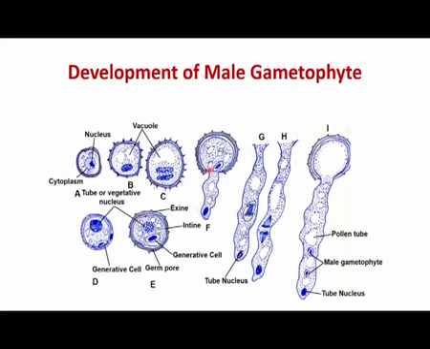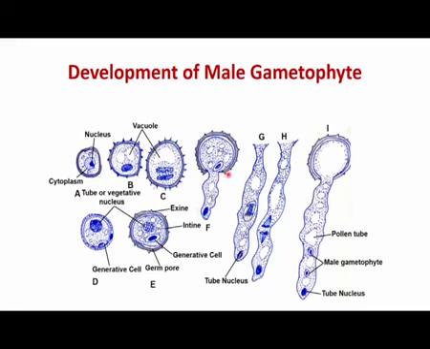The wall of this pollen tube is an extension of the intine. If you remember, the microspore has two walls, one called exine and the inner one called intine. During this growth, the vegetative tube nucleus gradually migrates into the pollen tube and reaches the distal end.